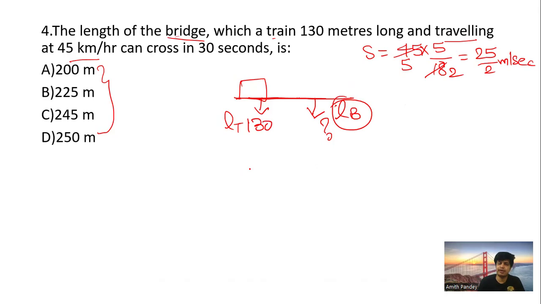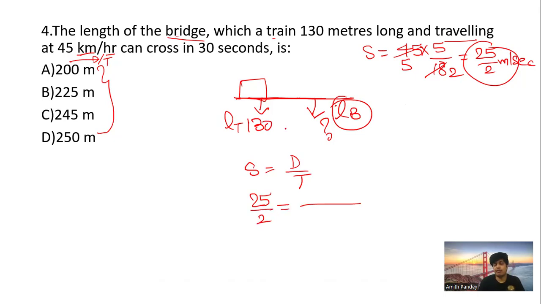Now directly apply the formula, that is speed equals distance by time. As I told you, if you don't remember the formula, no need to worry, because kilometer per hour is nothing but distance per time. So I got the speed in meter per second, that is 25 by 2 equals total distance.